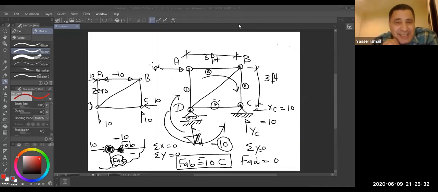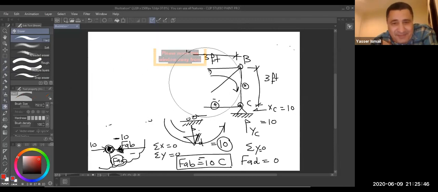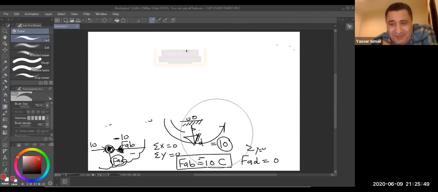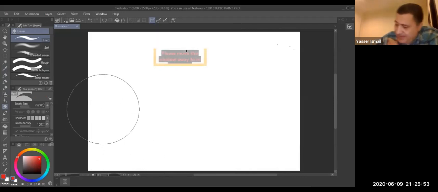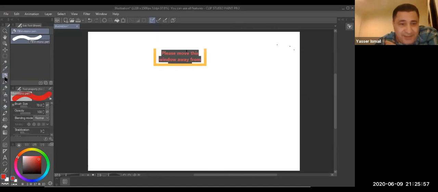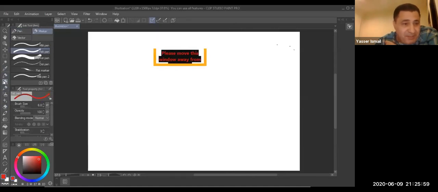Moment portion is not clear. Okay, I will explain it right now again. No problems. Let us see. See, guys, now you have the portion side of the beam.